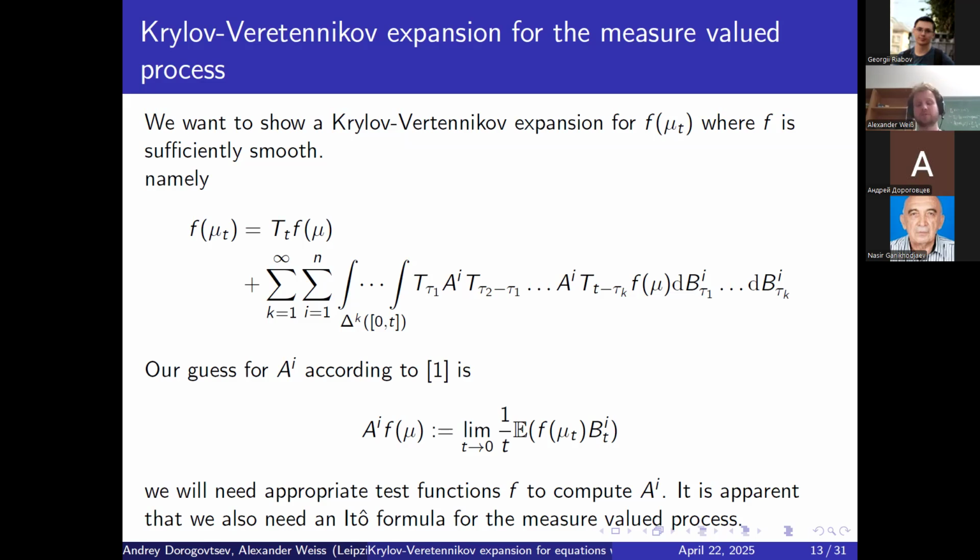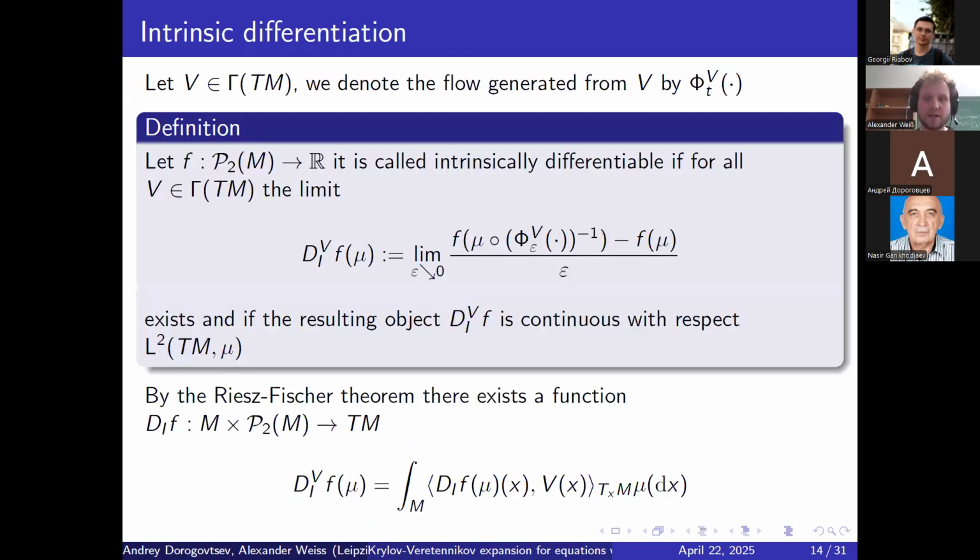But for this, we need to talk about smoothness with respect to the Wasserstein space and prove an Ito formula for the measure valued process. And let me do this by introducing the concept of intrinsic differentiability or intrinsic differentiation of functionals from the Wasserstein space.